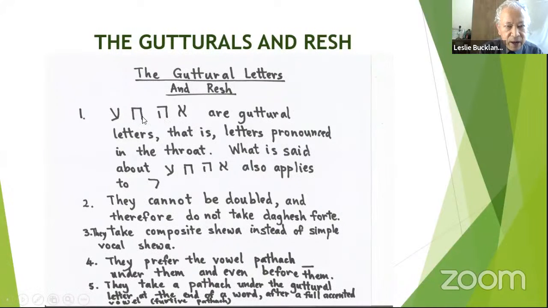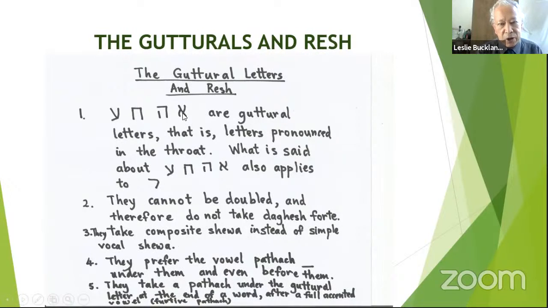Each of these, if they have any schwa under it, it will have to be a composite schwa, not a simple schwa. Other consonants in the alphabet can take the simple schwa, but if any of these consonants don't have a vowel underneath them, they cannot take a simple schwa. They have to take a compound or composite schwa.